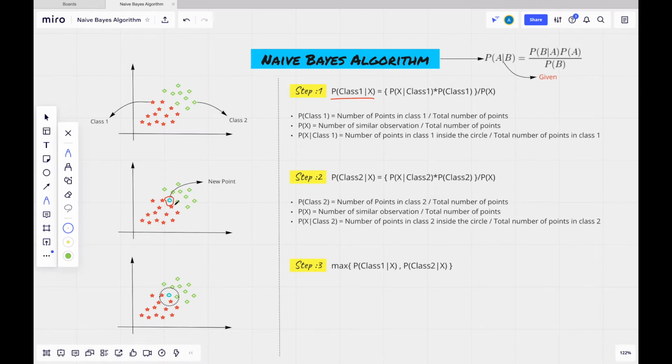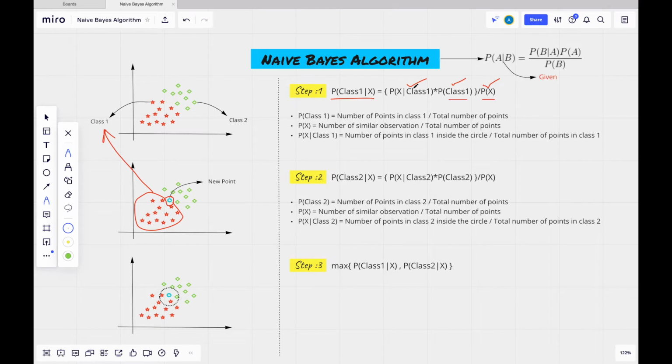We have to find the probability that this point belongs to class 1. This is equal to probability of x given that class 1 has occurred into probability of class 1 divided by probability of x. Now we'll see one by one what all of this represents.